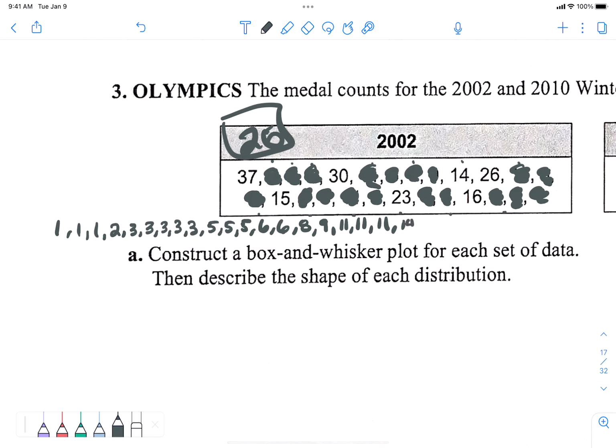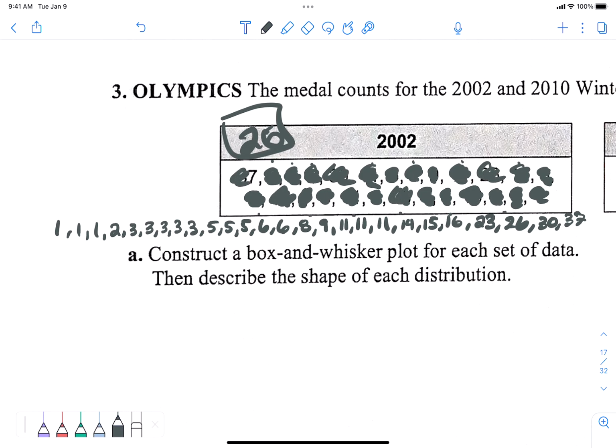I see a 14, a 15, a 16. Then, am I going too fast? No. 23, 26, 30, 37. We might have a couple outliers in that group. Really, 37 is kind of a, I don't know.